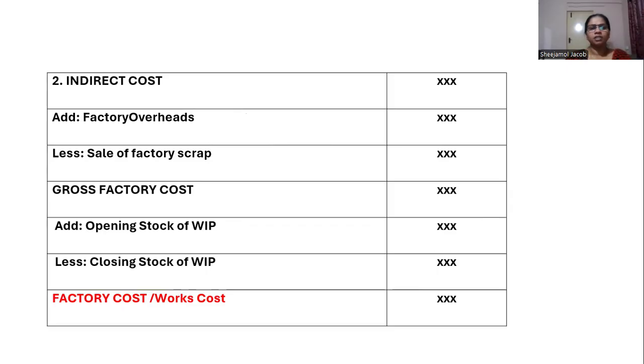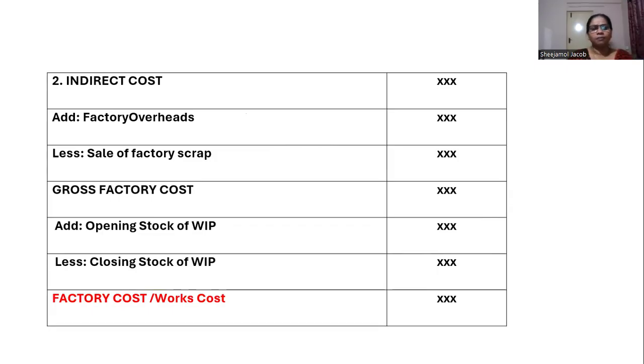The second part is indirect cost. Indirect costs are commonly known as overheads. The first overhead is factory overhead. Factory rent, factory lighting, factory workman salary, factory supervisor salary, general factory expenses, all come under factory overheads.